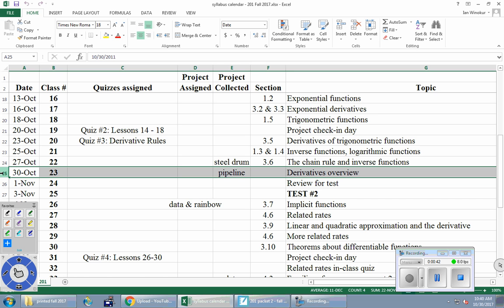Coming up later this week on Wednesday is our review day for test number 2, which is scheduled for Friday. Any questions on the calendar? Okay, and then don't forget there are no classes tomorrow. Hopefully you come in anyway and meet with your advisor for advising day and get registered for the spring, possibly also January if you're into that kind of thing.